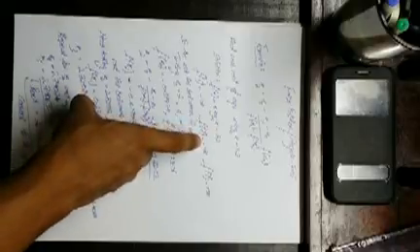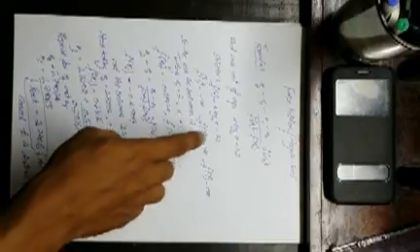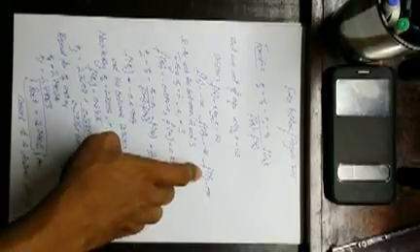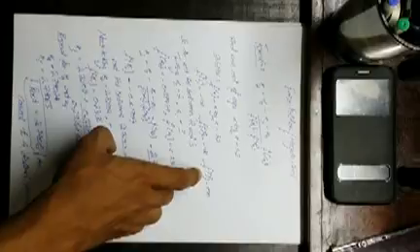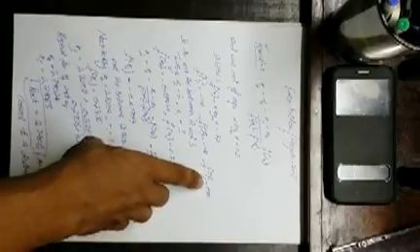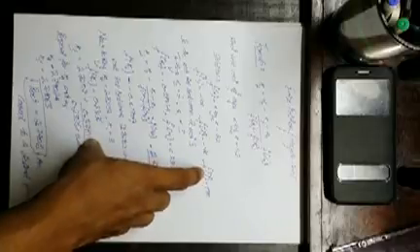Now we know that the root always lies between a positive and a negative value of y. So I put in another value, that is x equals 3, and when I put that value, I get a value of f of 3, that is y, equal to a positive value. Now I have two values of x that are giving me a positive and a negative value in y.